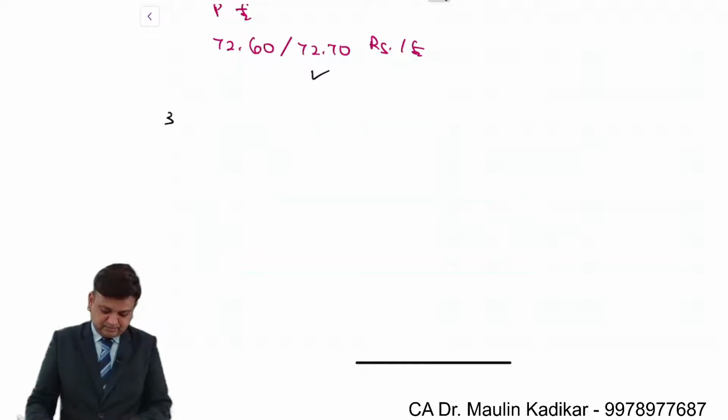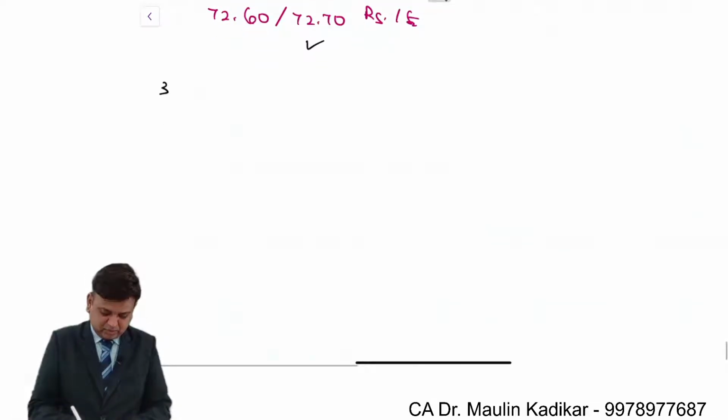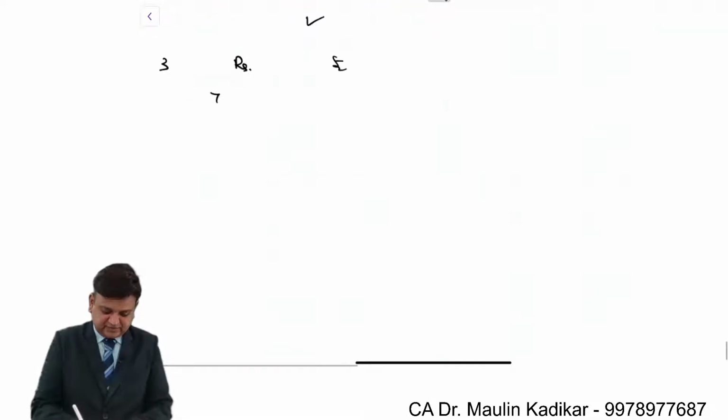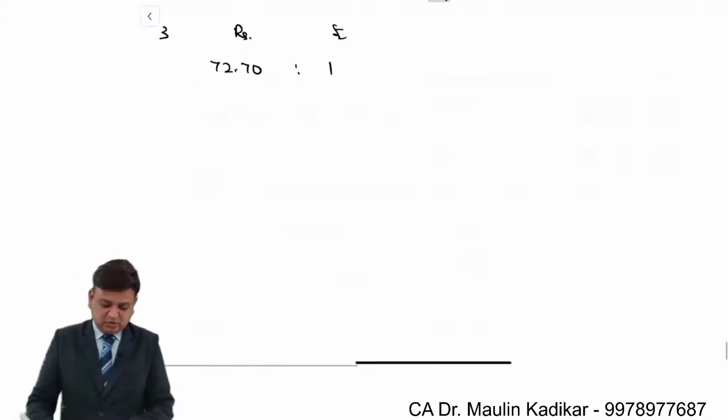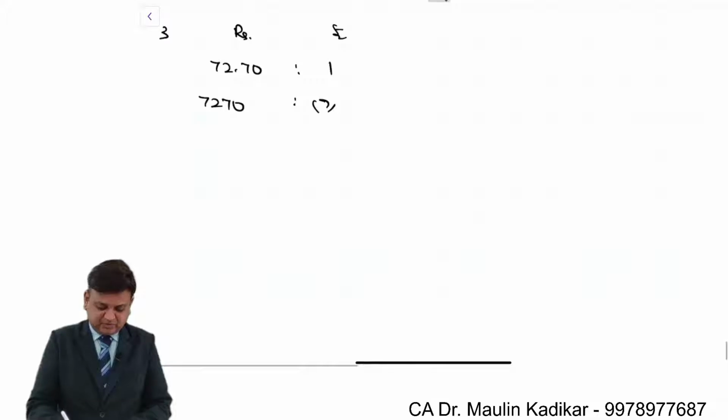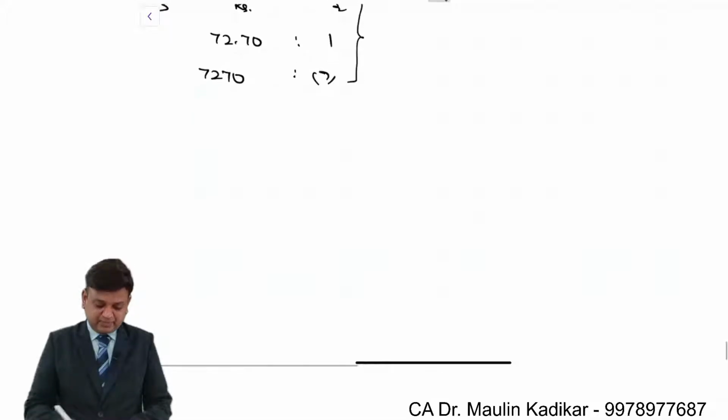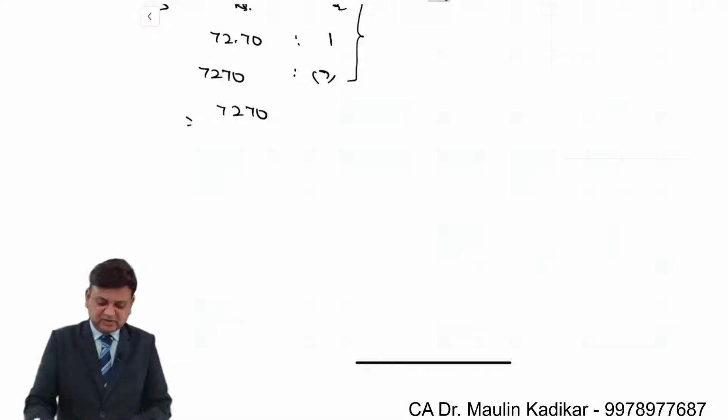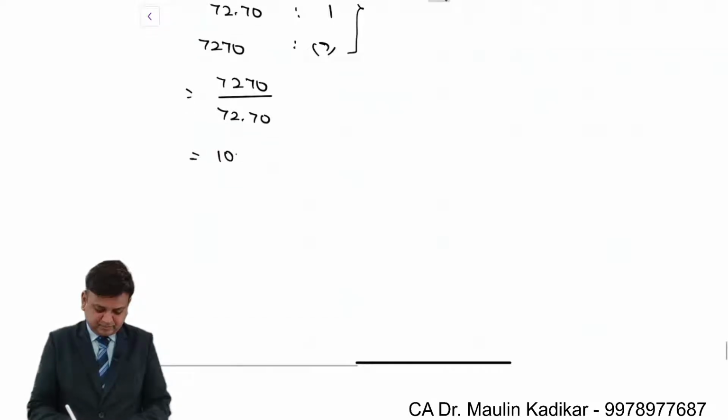So third, rupees and pound. For 72.70 rupees, you can get 1 pound. You have rupees 7270, you can get this amount of pound. So the final answer is 7270 divided by 72.7. So it is 100 UK pound.